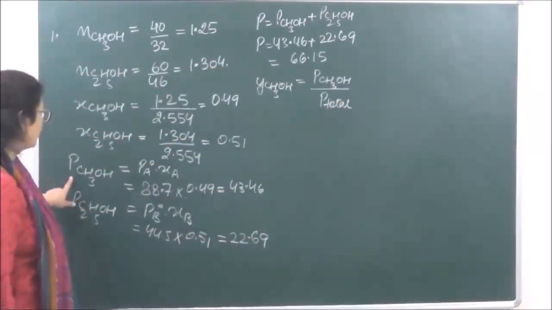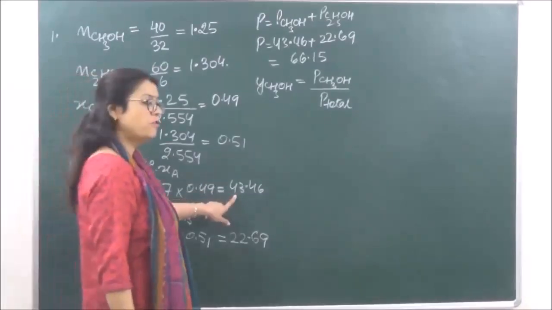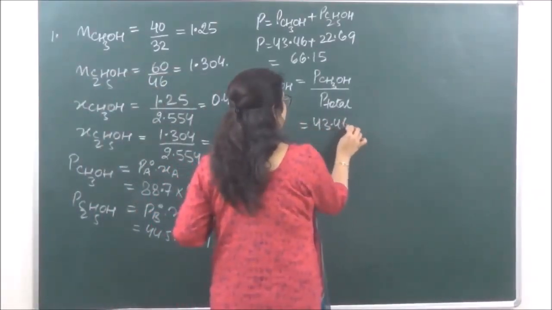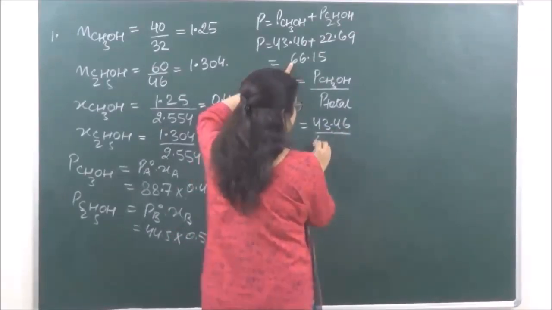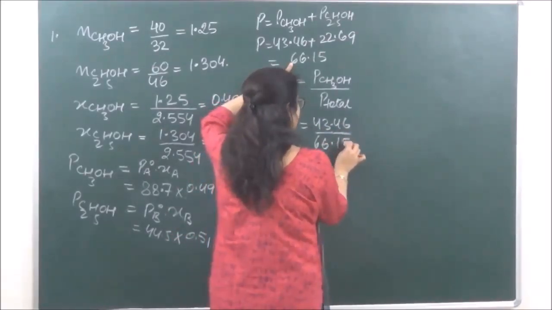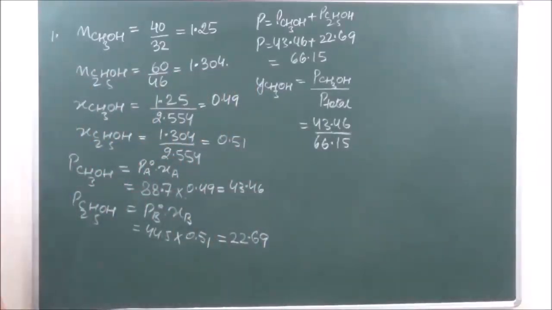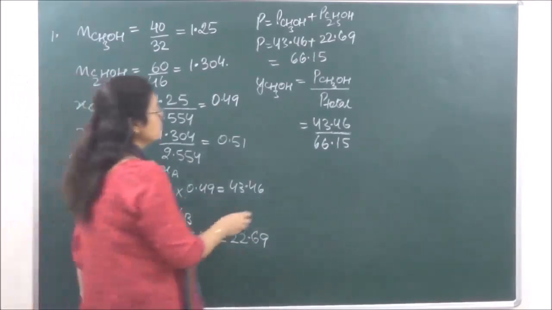P of CH3OH comes to how much? 43.46 upon total pressure, which is 66.15. Okay, and this when calculated comes to 0.65.